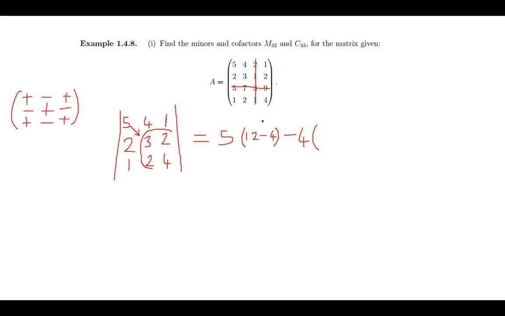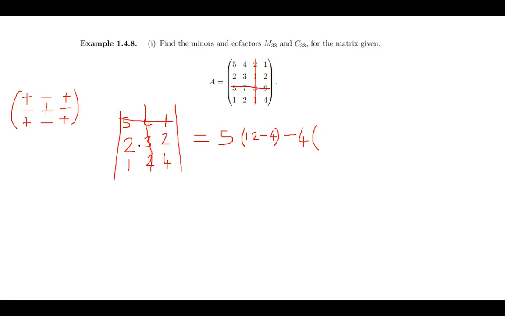When I delete that column and the first row here, the numbers that I'm going to remain with are the ones that are going to make my minor for that 4.